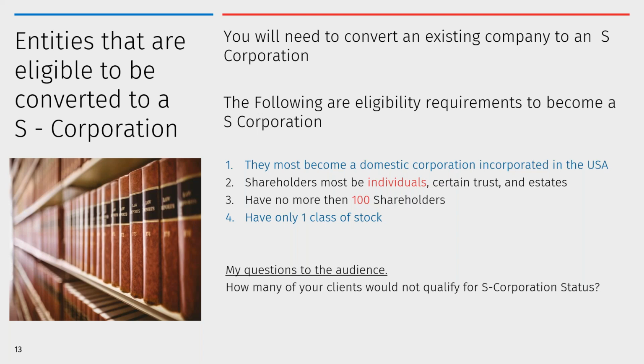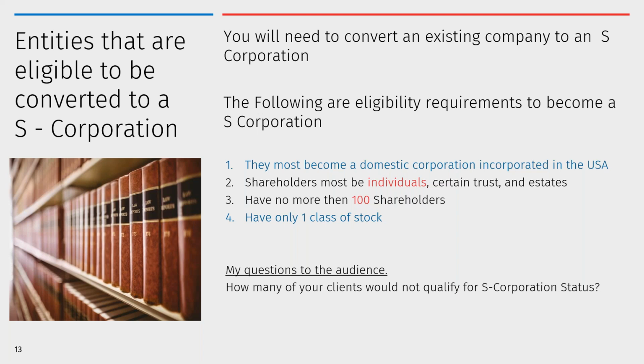When it comes to items 2 and 3, you can see I have individuals and 100 highlighted in red. The reason is that most, if not all, of the businesses you're doing taxes for are going to be paying themselves already as an individual. It's very unlikely that their company would have over 100 shareholders. Most of them would probably just have one.